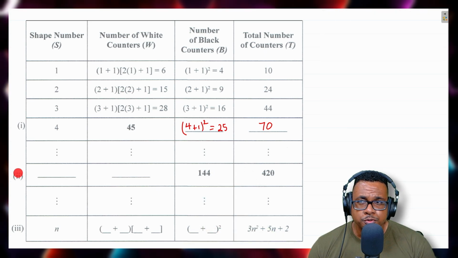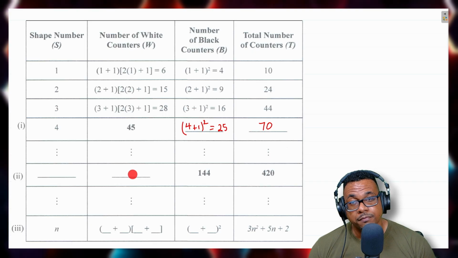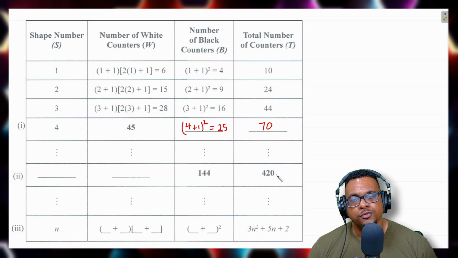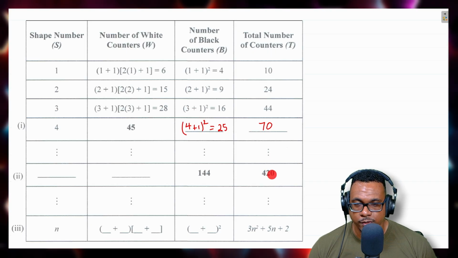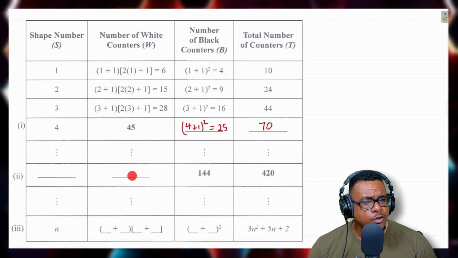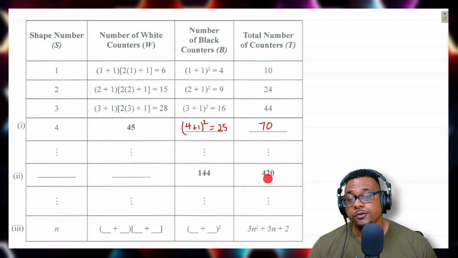So now for part 2, we have to fill out the shape number and the total number of white counters, but they are telling us that the total number of black counters is 144. And the total amount of counters, both black and white, would be 420. Now, if you think about it, the total amount of white counters plus the total amount of black counters is supposed to give you this 420.